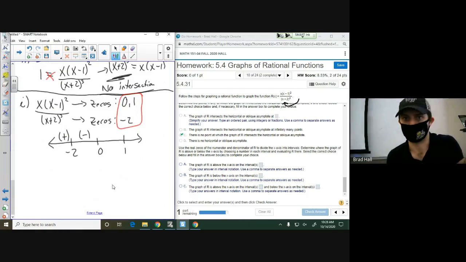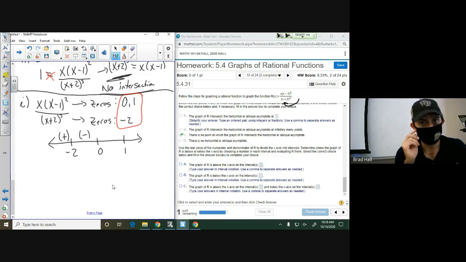So if anything, we get those two because that's recycled information. But additionally, we know the crossing and touching behavior of 0 and 1. We figured out the multiplicity and thus the behavior at 0.